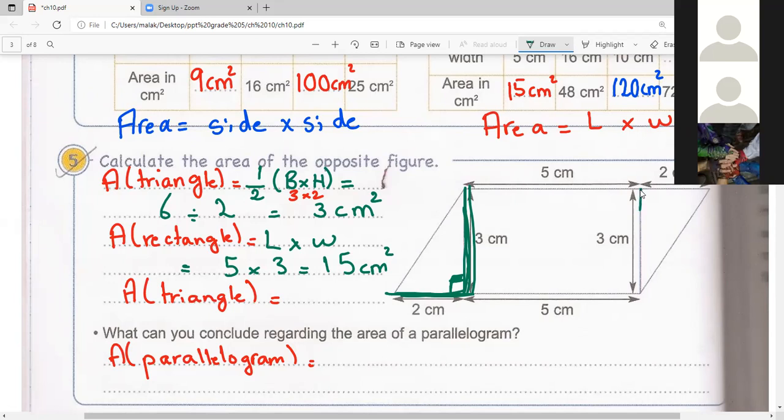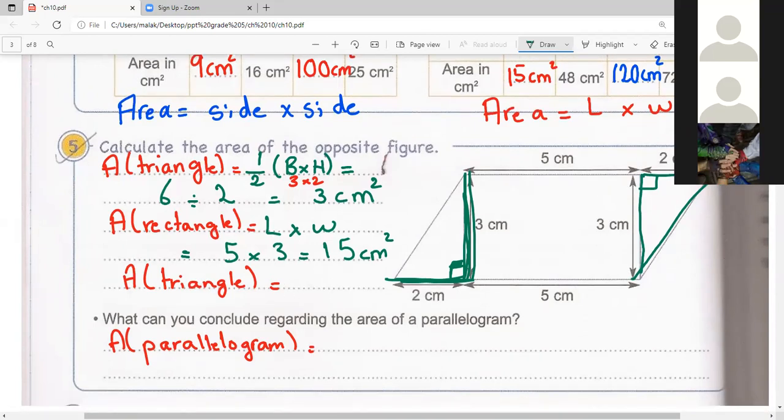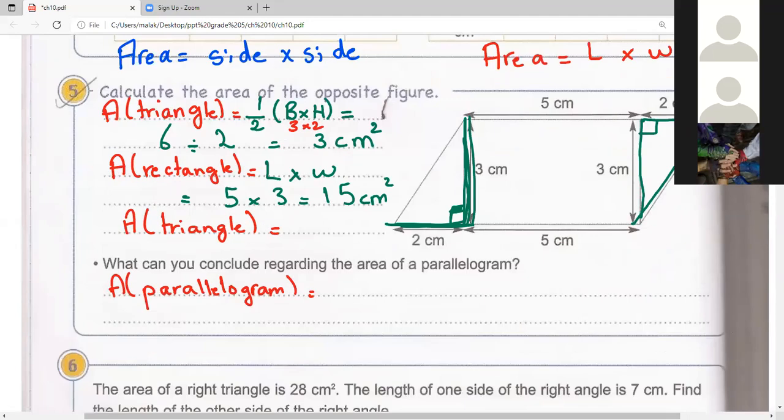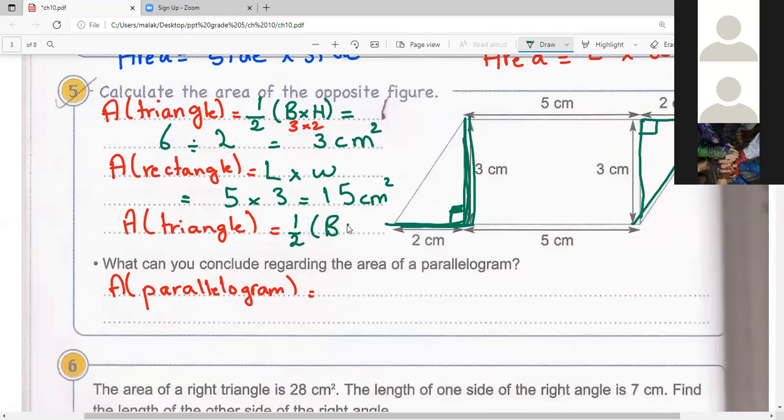Haya, area of the second triangle. Find its rule first. It's half base times height. Multiply the base by the height.